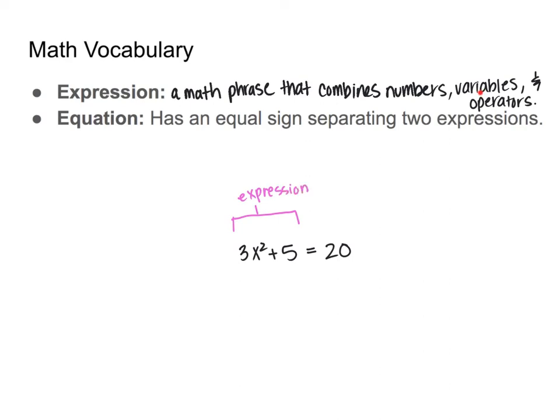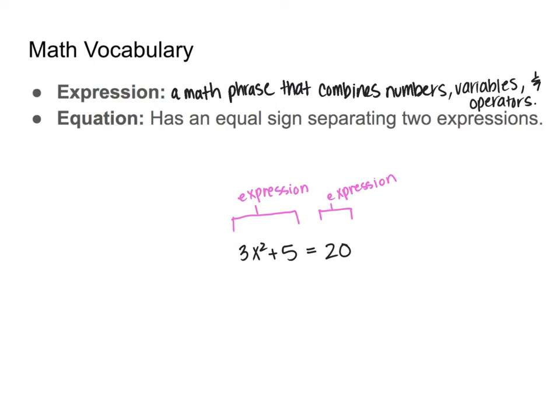It just has to be one of these three items I said before: a number, a variable, or an operator. So over on the other side of the equal sign, this 20 is also considered an expression, because it's standing alone representing some sort of value.